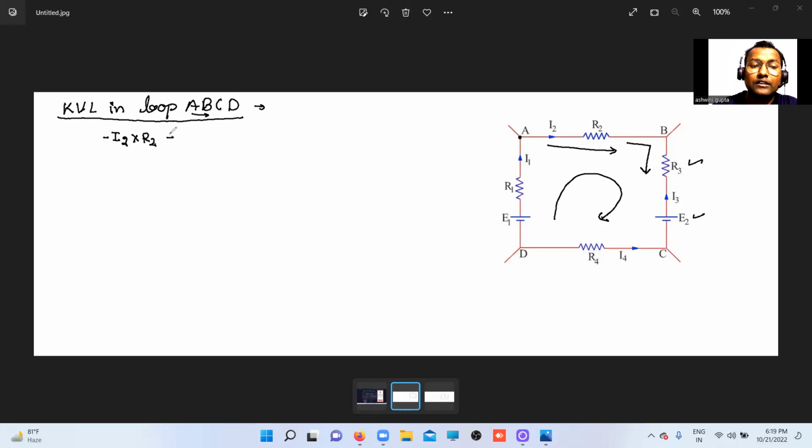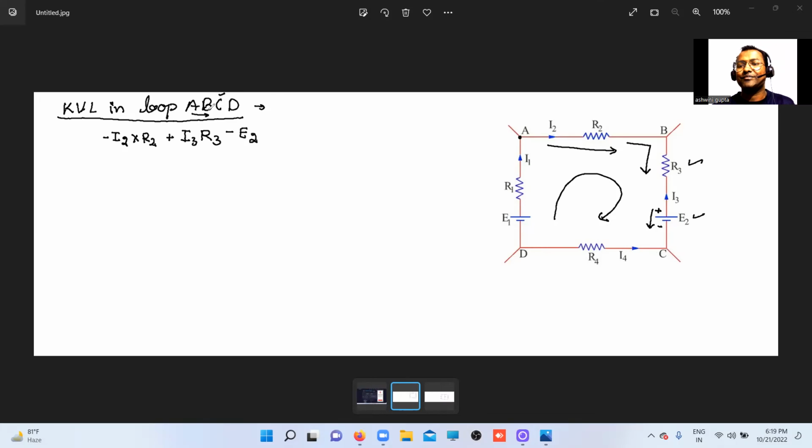In this case, it will be considered as plus I3 into R3. Again, here plus minus. We are moving from plus to minus in the voltage, so it will be considered as minus E2. So where have we reached? We have reached point C.